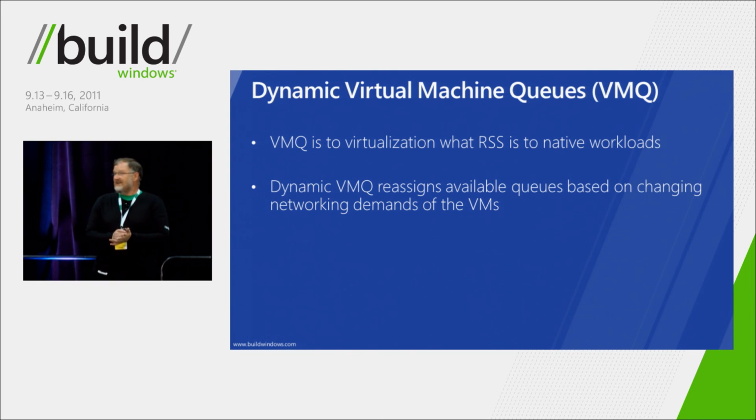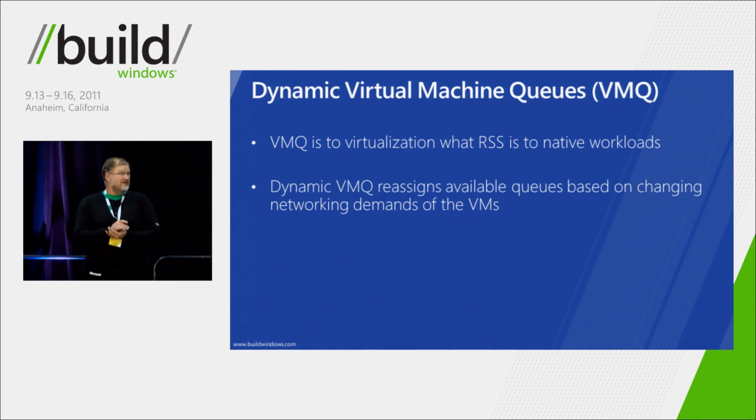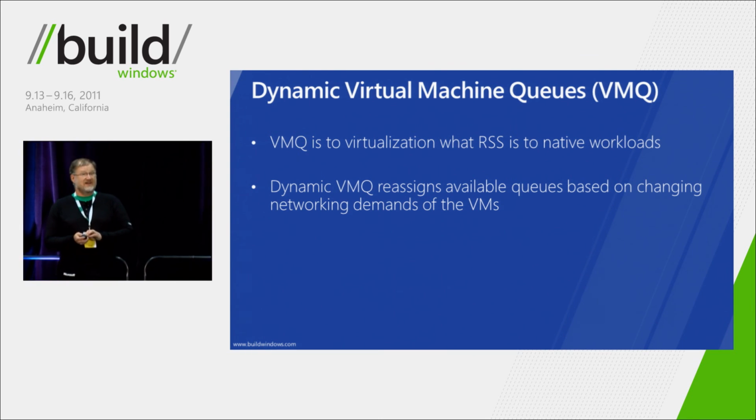And finally, dynamic VMQ. VMQ, of course, is not new either. It was available in Server 2008 R2. A big change from Server 2008 R2 is that we now dynamically look at what streams are using the queues, and we will rebalance the use of the VMQs that are available based on what streams need it, which VMs need it.